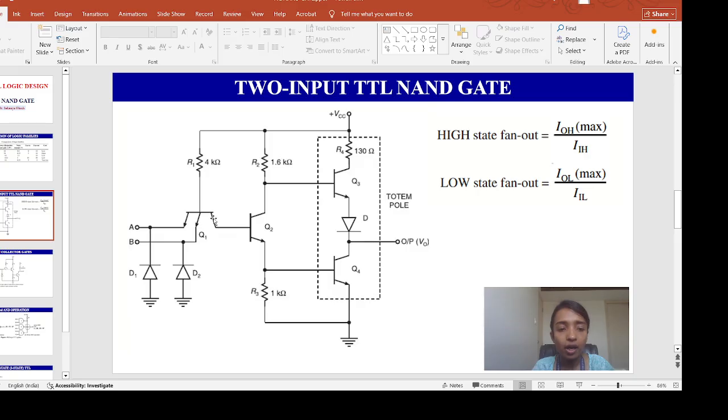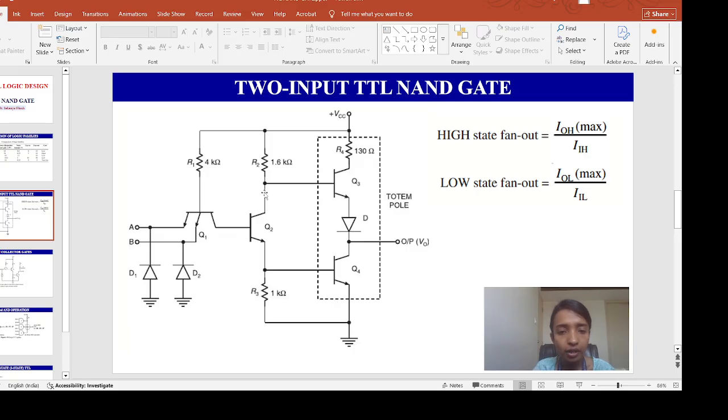So a current flows through R1 to the base of Q2, and Q2 turns on. Now current from Q2's emitter flows to the base of transistor Q4.